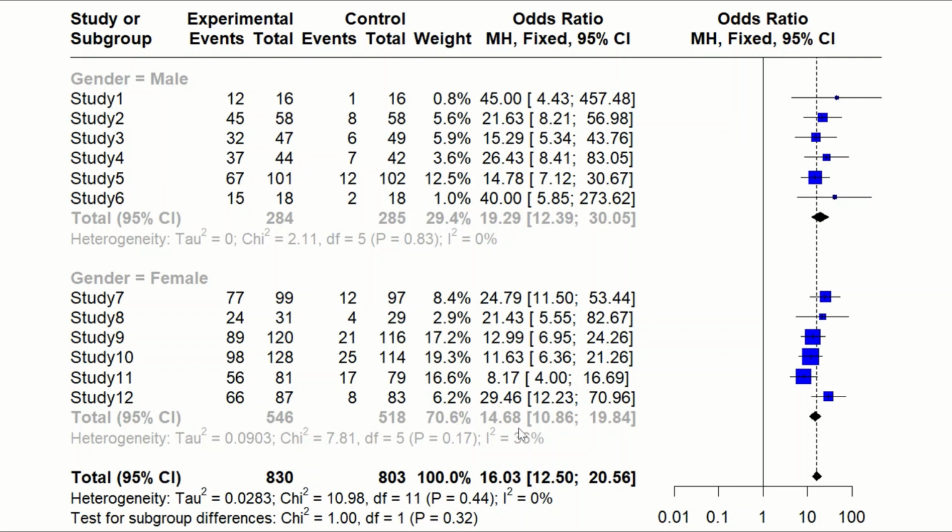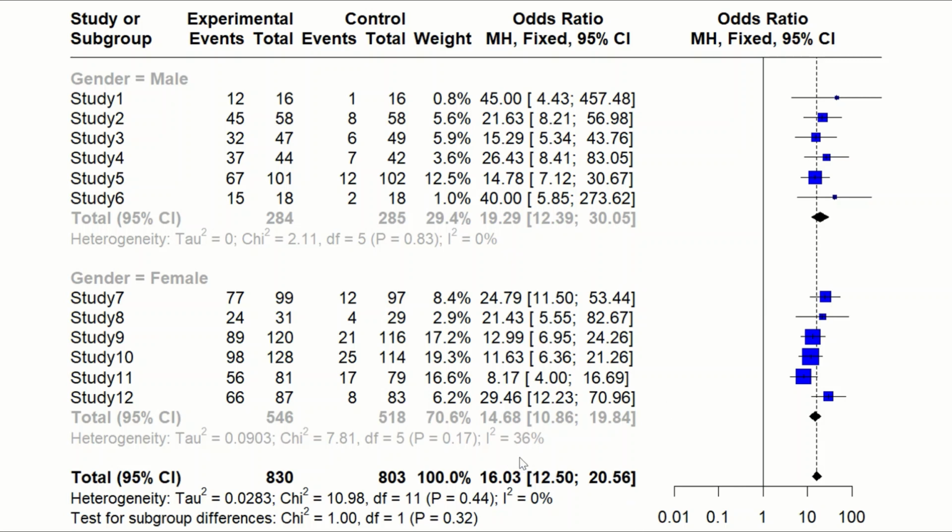However, for the females, the heterogeneity was 36% as the I-squared was calculated, and the p-value is greater than 0.05. So there is a low level of heterogeneity between the females compared to the males.